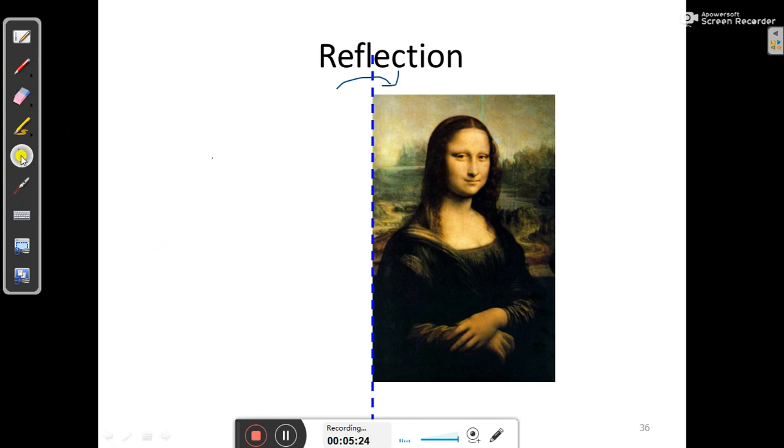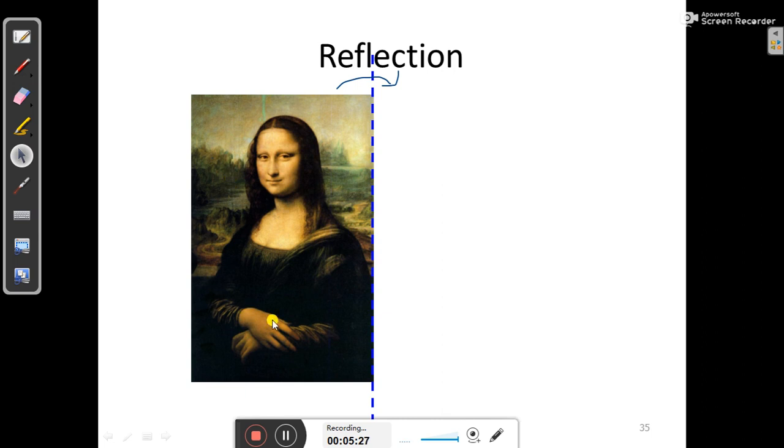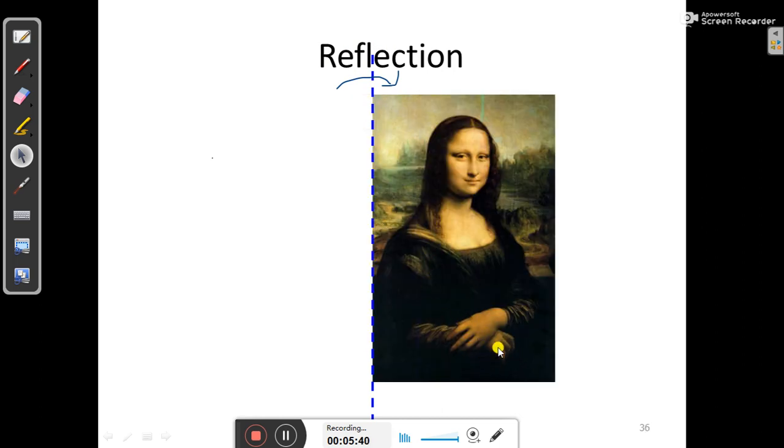If you go back, the object was like this, but when you reflect it around this axis, it will become like this, and the things will be opposite from that axis perspective.